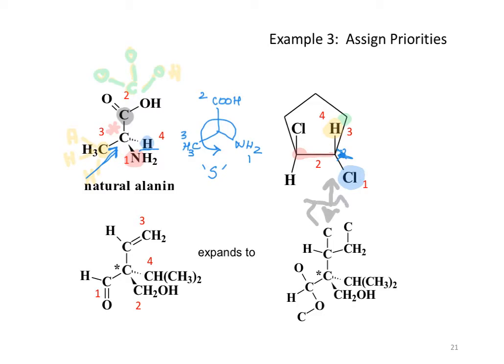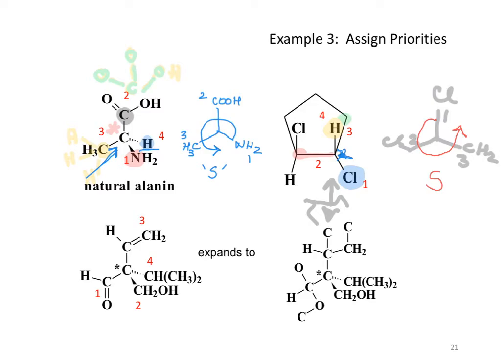Then you are seeing Cl on top, you're going to see the CHCl, the second priority, on the left-hand side, and you're going to see the CH2 on the right-hand side. So in going from 1 to 2 to 3, it looks like I'm going anticlockwise. This must be S as well.